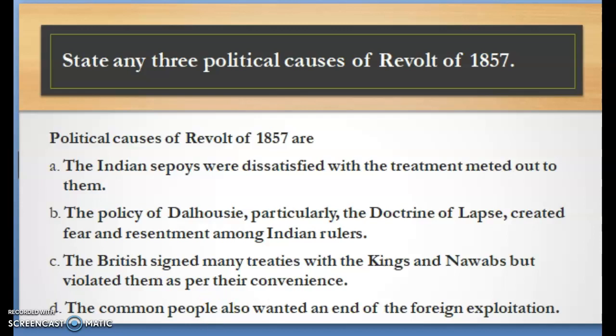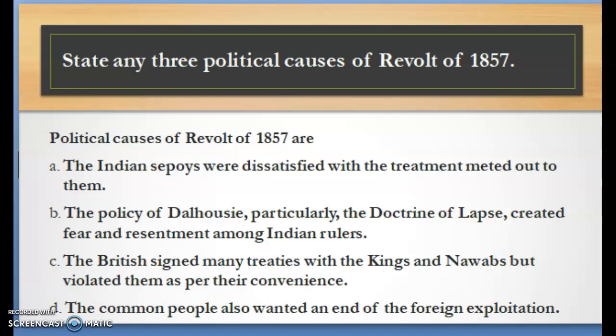So the first point is that the Indian sepoys were dissatisfied with the treatment meted out to them. Actually, there was discrimination in the British Indian Army. The British people who were working in the British Indian Army were given more salary in comparison to the Indian sepoys. Even the Indians were not promoted to high ranks, but the Britishers were.